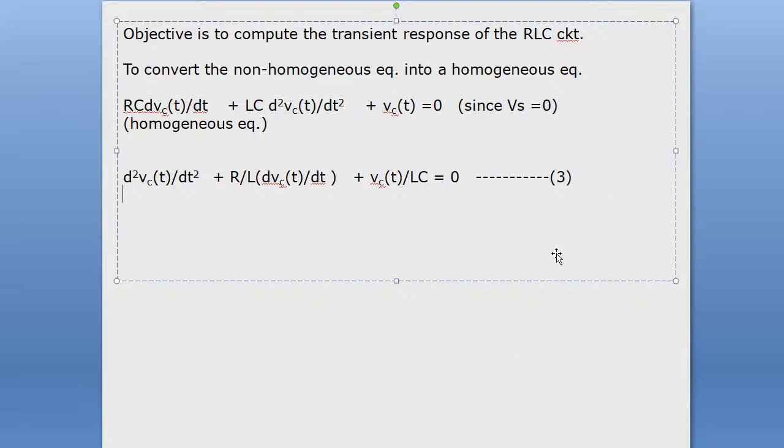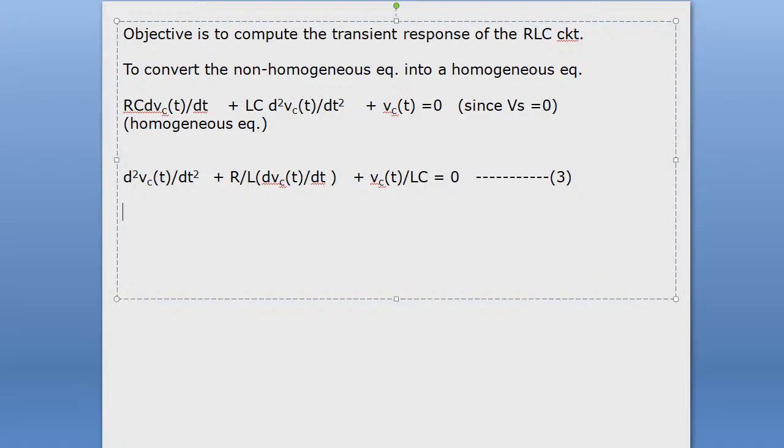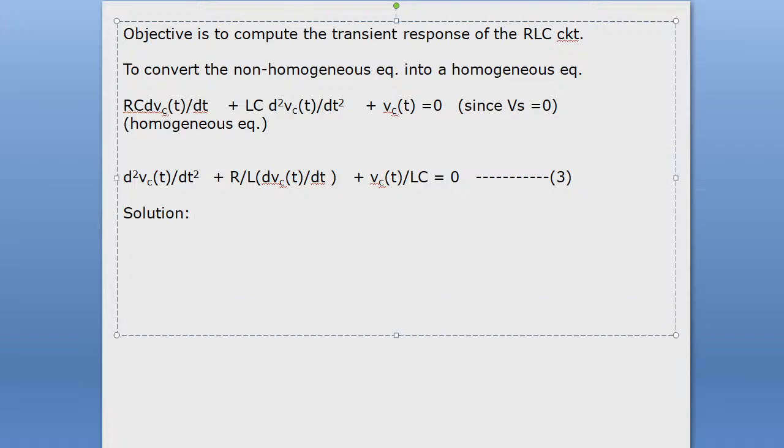Now everyone can solve this equation because this is a standard form of second order differential equation. So therefore, without rigorous calculation, let me write the solution part for this equation. VC, you solve it yourself, no problem.